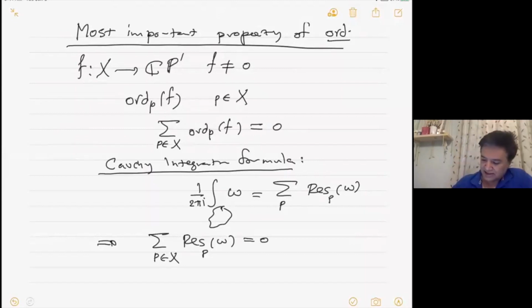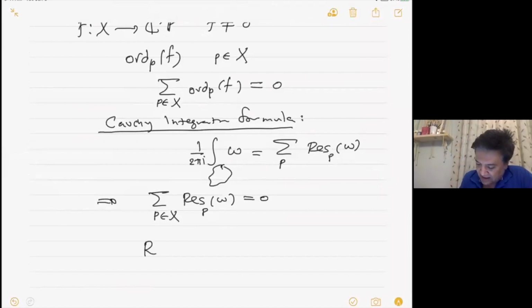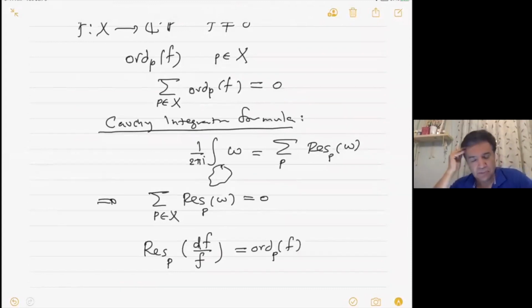Now, why is this related to the ord function? The reason is very simple. If you take df over f as a differential form, then the residue of this form at a given p is the same as the order of vanishing or pole of f at p. And this can be seen very simply by replacing f by z to the power m times u, and then taking the differential.